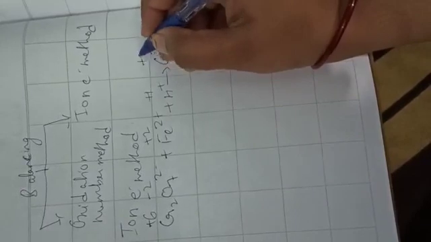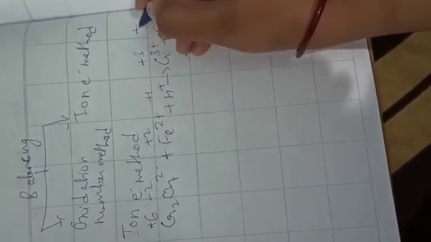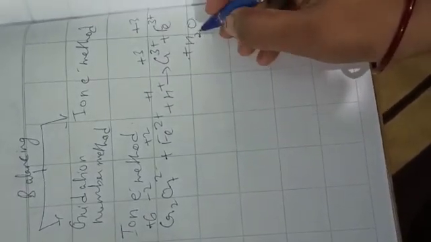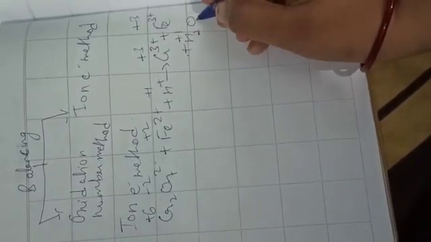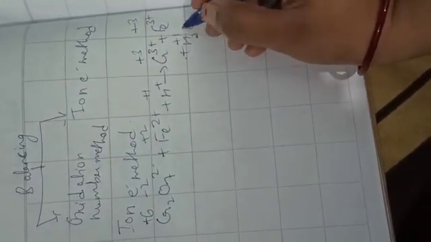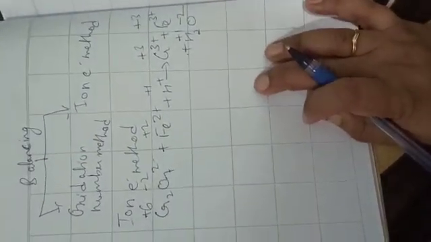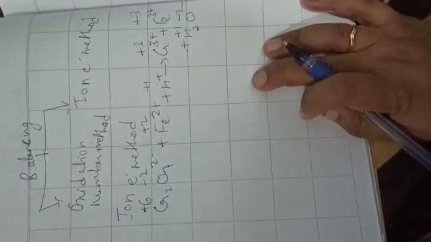Chromium 3 positive will be +3. For Fe3 positive it will be +3. For hydrogen in H2O it will be +1, and for oxygen in H2O it will be -2. So this is how we first assign the oxidation states of each and every element present in the reaction.